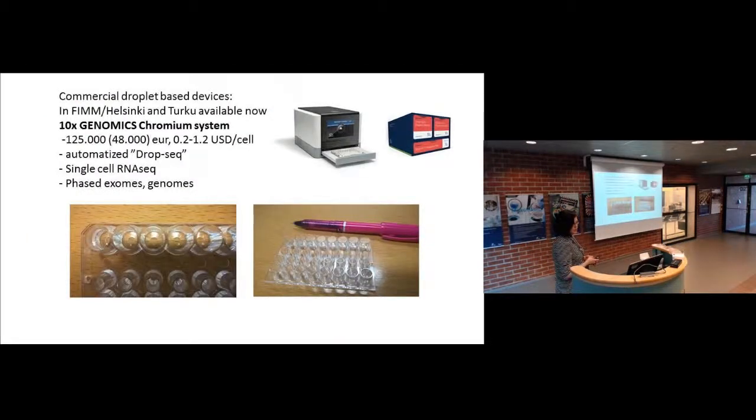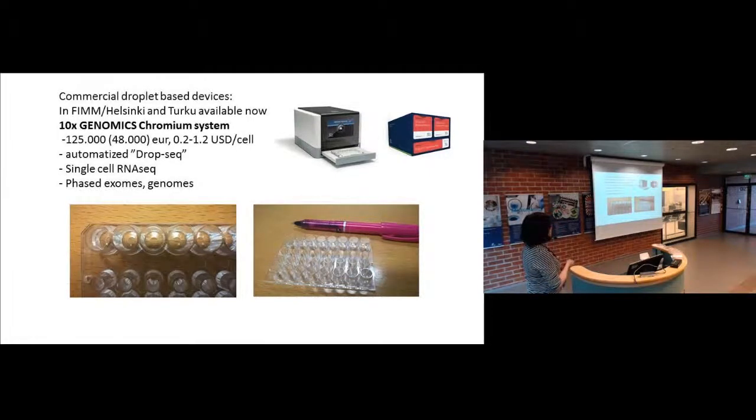There are also other commercial droplet-based platforms now on the market. 10x Genomics has launched the Chromium system. FIMM on our campus bought this system, so the chip looks like this. I have one here as well. You can run 8 samples in parallel.